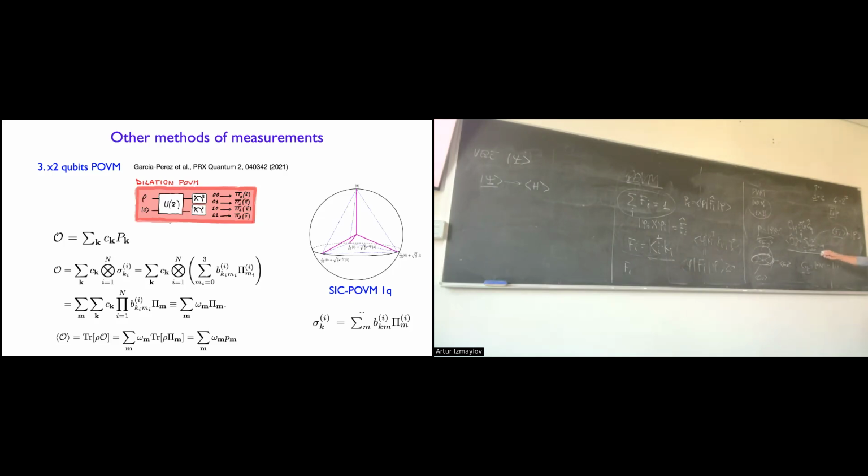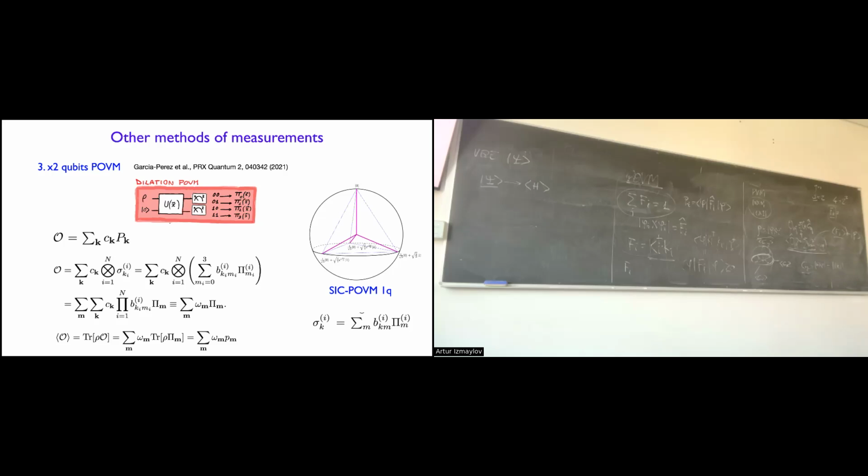That will give you the knowledge of any operator essentially, because you know the coefficients, and then you can do this reconstruction.